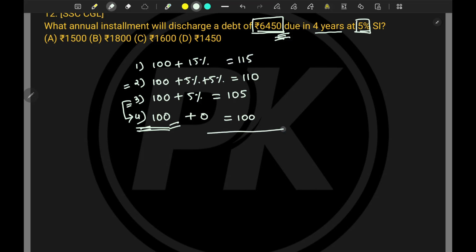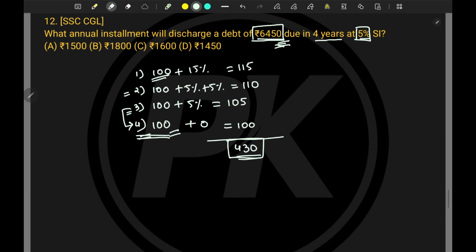Now, let's sum this up. What will be the total amount? If I consider the annual installment as 100, I will end up paying 430 rupees. But here I am paying 6,450 rupees.